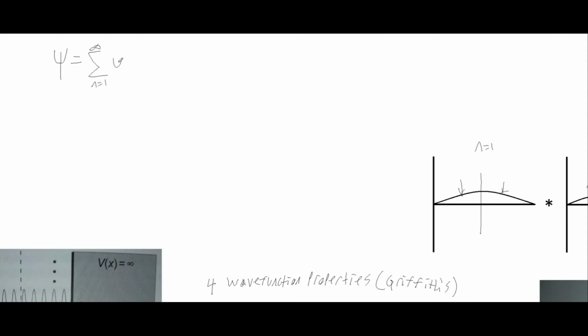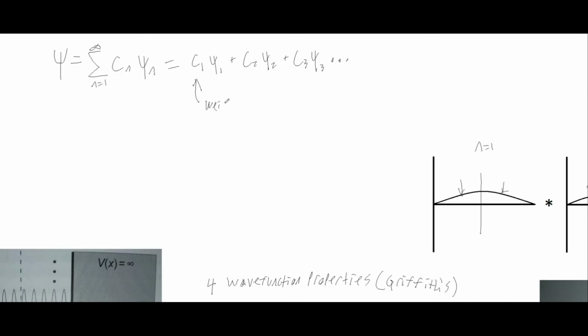So we have the Cn and then psi n. And this is just C1 psi 1 plus C2 psi 2 plus C3 psi 3, and so on and so forth. Each of these is just sort of a weight.